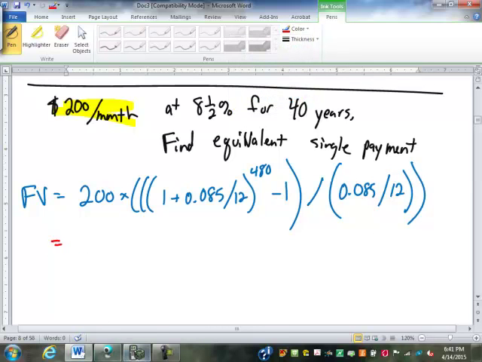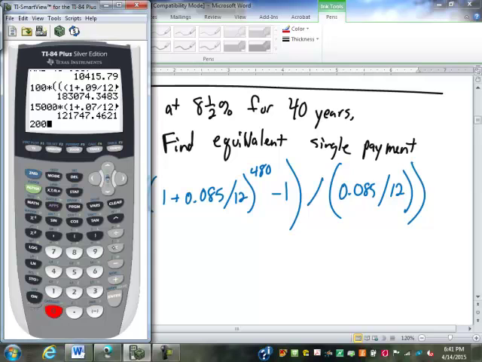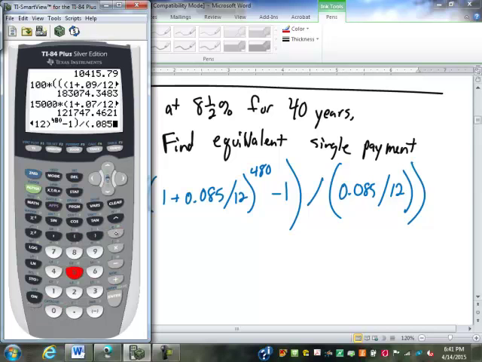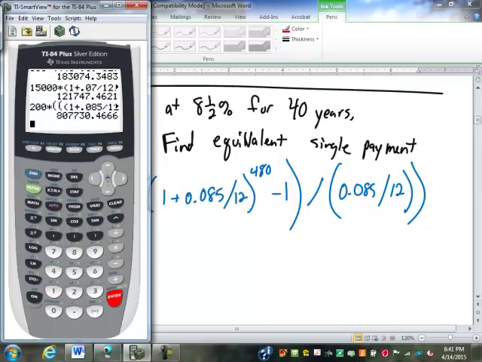So let's punch this in, see what we get. 200 times 1 plus 0.085 divided by 12, close, power 480, minus 1, close, divide by, open, 0.085, divide by 12, close and close. 807,730.47.